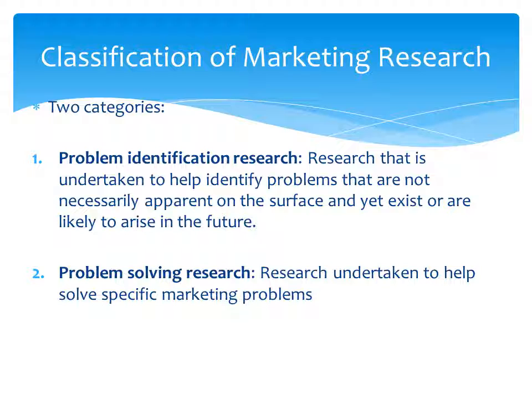Now we can classify marketing research into 2 categories. What are the 2 important categories for marketing research? We have 2 types: problem identification research and problem solving research. Problem identification research is undertaken to help identify problems that are not necessarily apparent on the surface and yet exist or are likely to arise in the future.